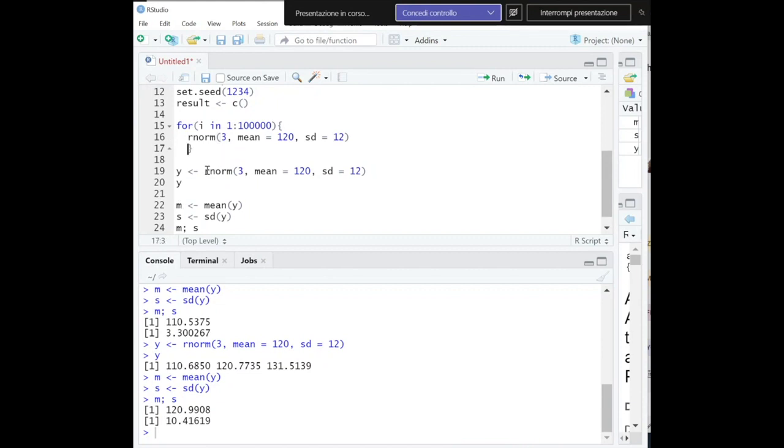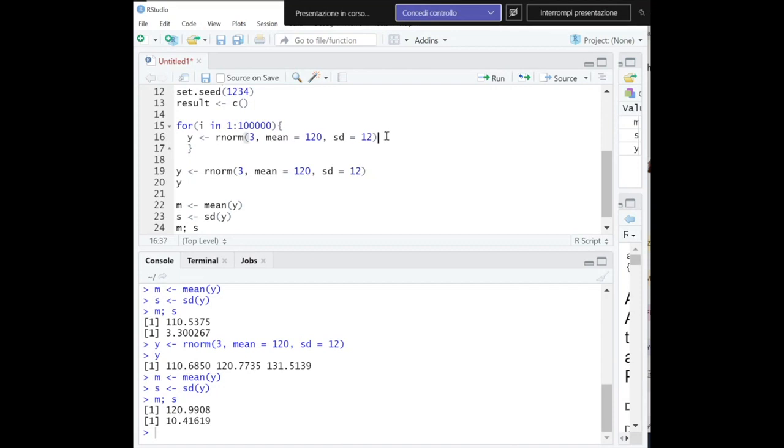Here we go. You see, I'm asking R to get 3 subjects from a Gaussian population and do this 100,000 times. Of course, we should not lose these subjects. So I'm assigning to Y, as I did before.